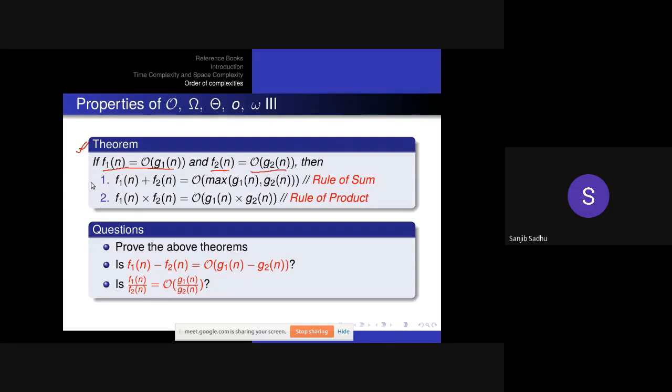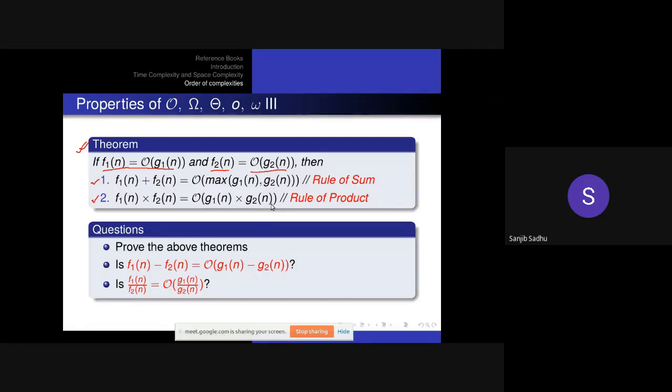Then the rule of sum says that f1n plus f2n is big O of the maximum of g1n and g2n. This is called the rule of sum, and this is called the rule of product: f1n into f2n is big O of g1n into g2n. Clear? Now how can you prove it?